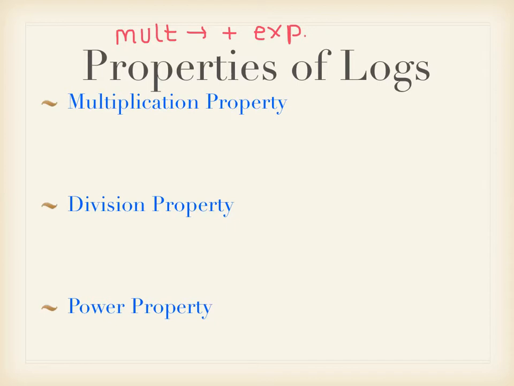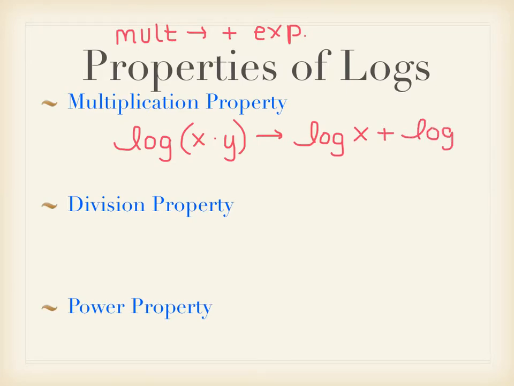Well, I guess not really backwards, but if you take the log of two things that are being multiplied together, okay, if you take the log of something times something else, you can separate that with addition. So you can find the log of x and add it to the log of y. Okay?